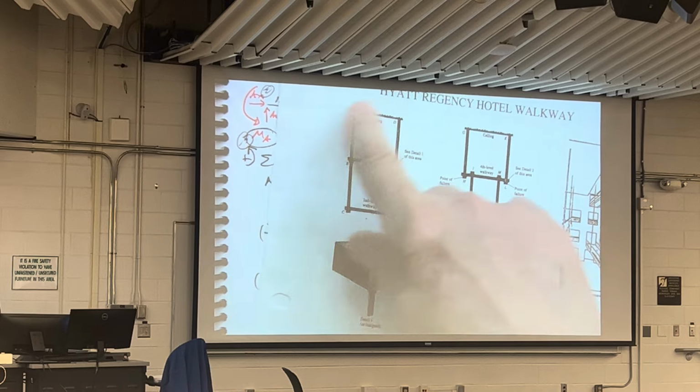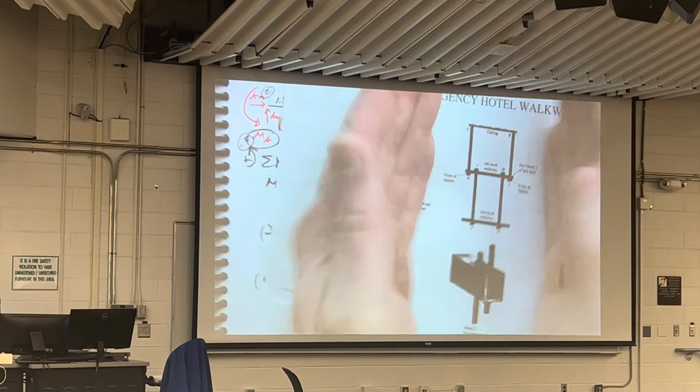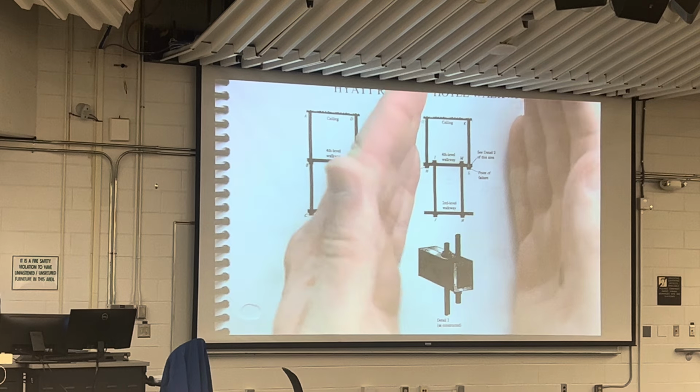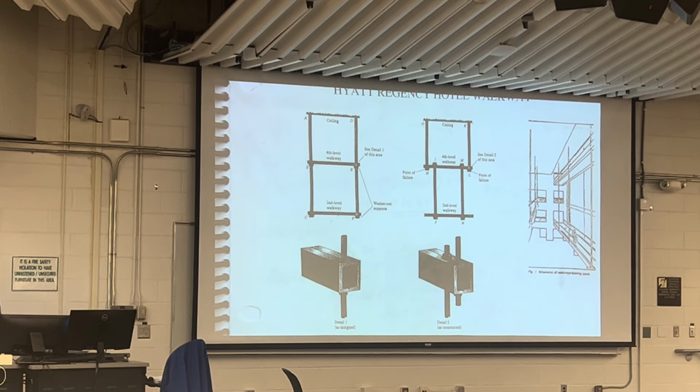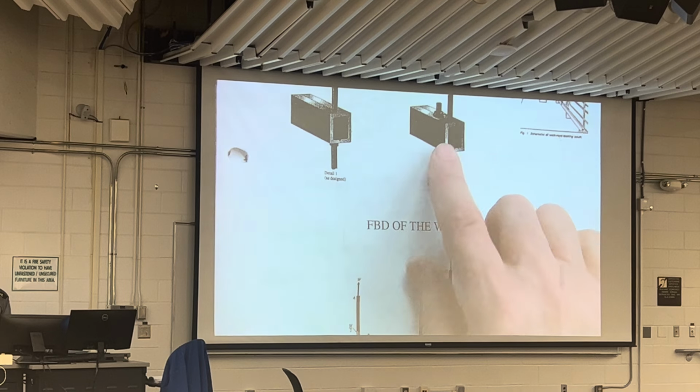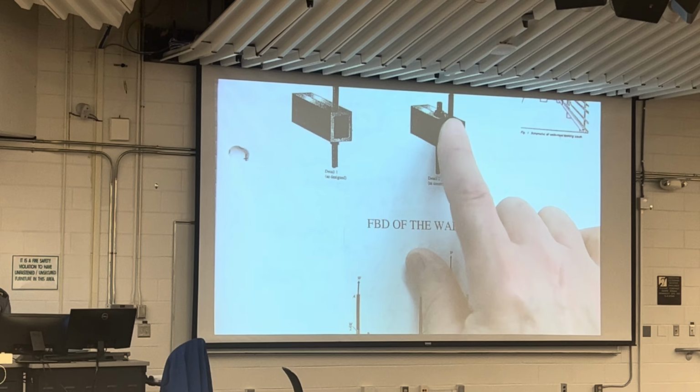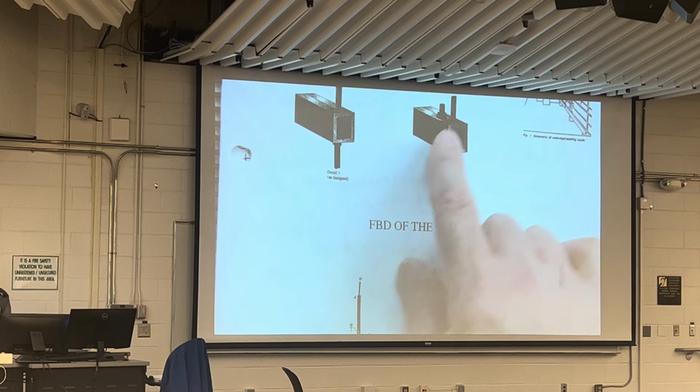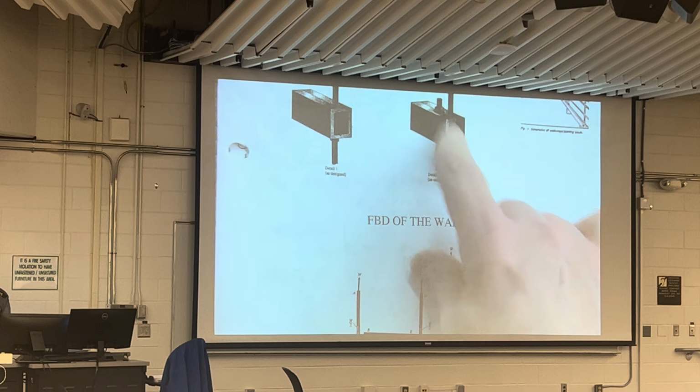The engineer designed it this way. The construction people built it this way. That's not the same thing. Can somebody read plans, please? Notice there's a C channel. They followed that. Then they have a rod here, bolt, bolt.